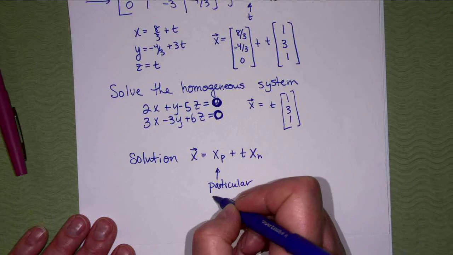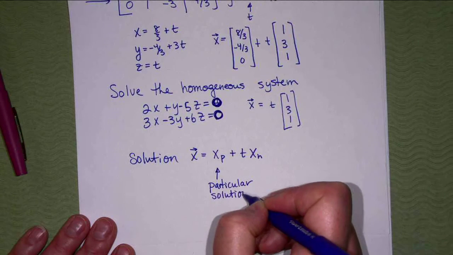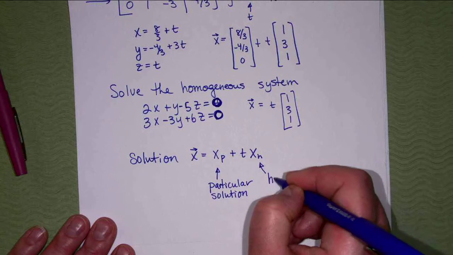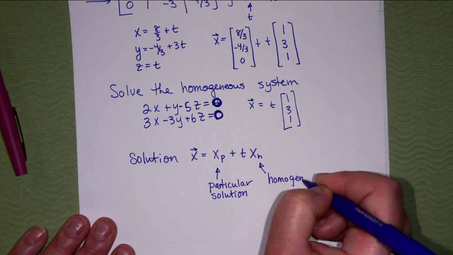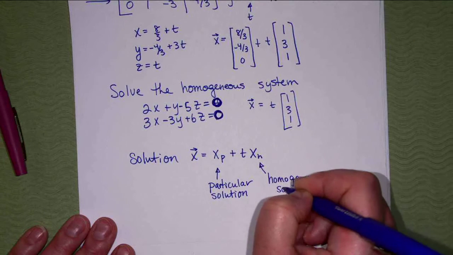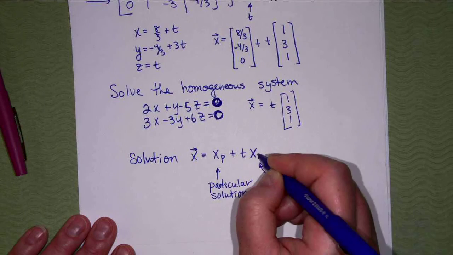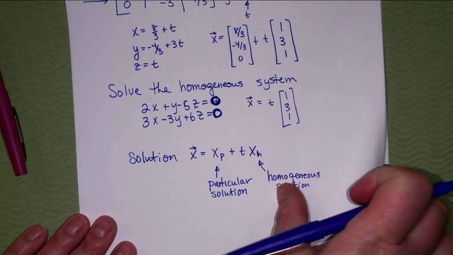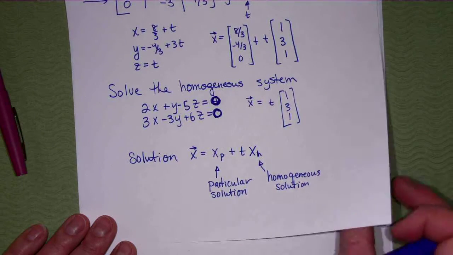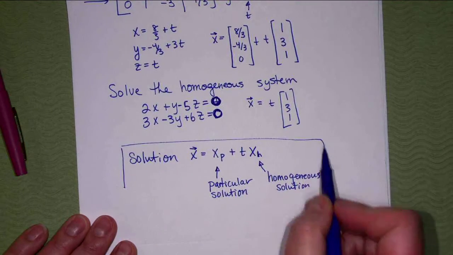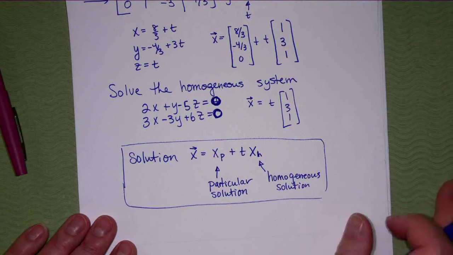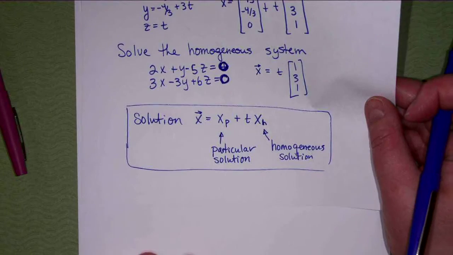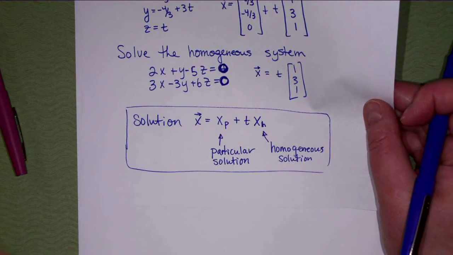It's basically one point on the system, and this is the homogeneous solution. That's nothing new, it's just a way to write it and to think about that, okay? So it's nothing new except that xp and xh, if you ever see that, that's what they are talking about.